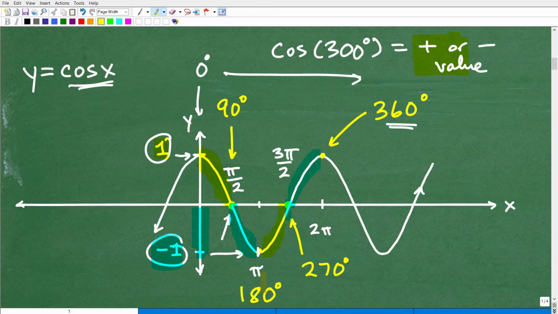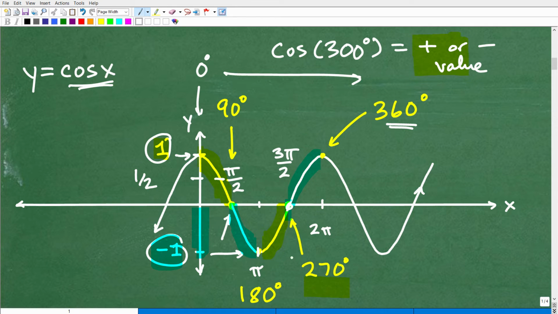We go from 180 degrees to 3 pi over 2, which is the same thing as 270 degrees. This is still negative. If you think about it, if this is 1 and this is 0, then this value would be like 1/2 right there. Here is 180 degrees, and that's 270 degrees, which is 0.